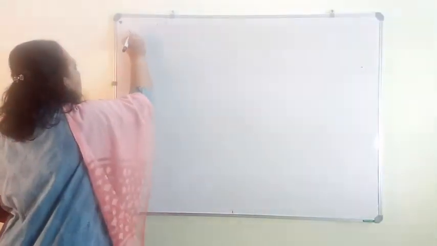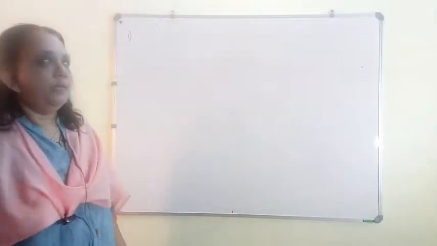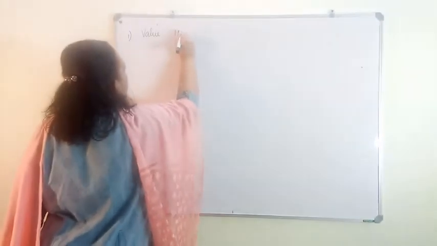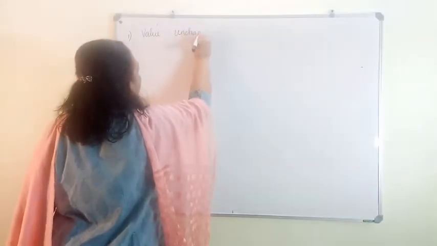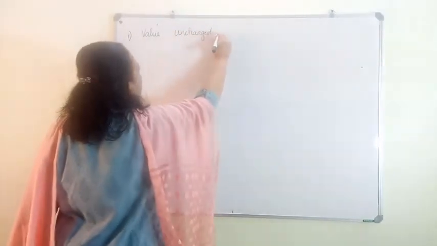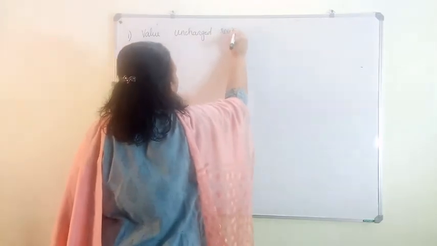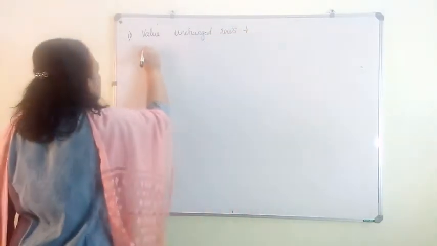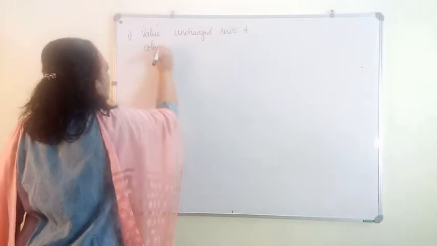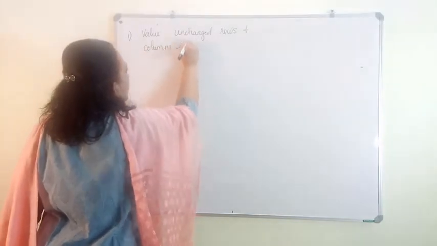First one, value of a determinant remains unchanged if its rows and columns are interchanged. Rows and columns interchanged.